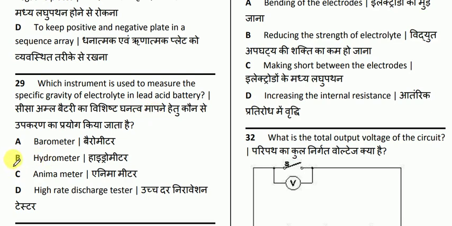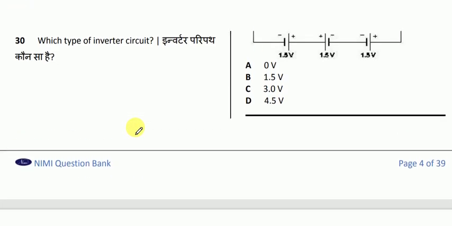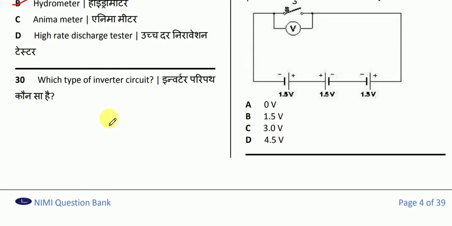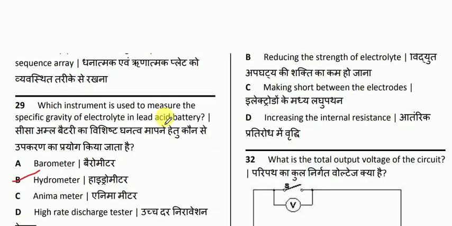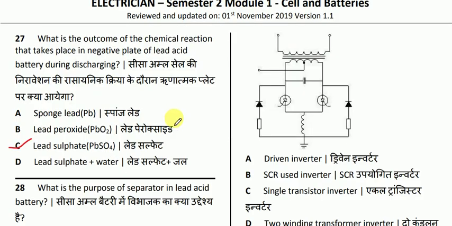That is hydrometer. And the 30th question is, which type of inverter circuit is this? This is the circuit they gave, and the right one is option B, SCR used inverter.